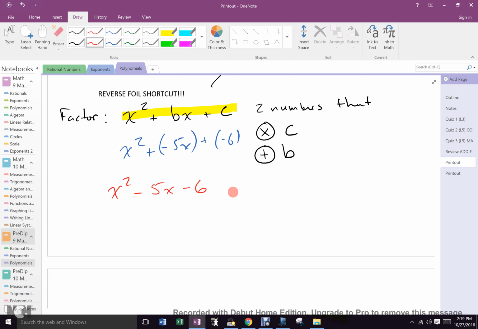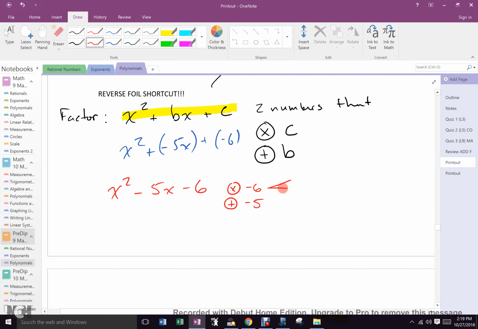You need two numbers that multiply to 6. What kind of 6? Negative 6, and add to what? Negative 5. Now we go back to the beginning of this unit where we talked about factors, right? What are the factors of 6?